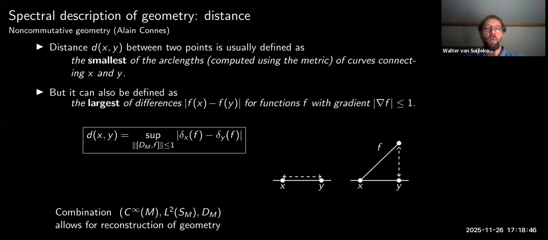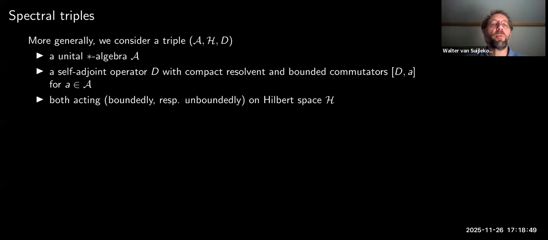So in fact, what you find is that if you do this more generally, and this is the basic package that we consider, you take a star algebra, let's take it to be unital, of bounded operators acting on some Hilbert space H, together with this additional operator D, but now it's completely abstract. It's a self-adjoint operator with compact resolvent, and that captures the fact that it came from an elliptic differential operator, which is also symmetric, on, say, a closed manifold.